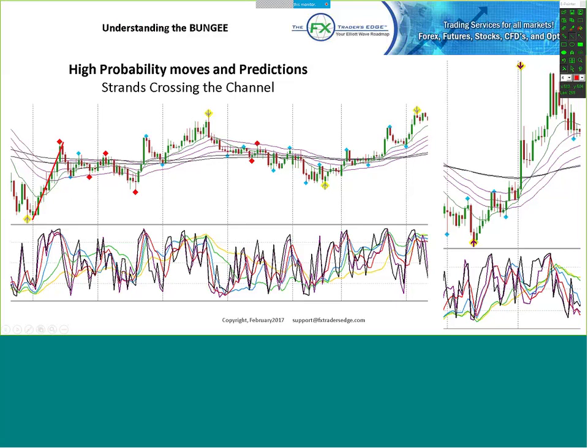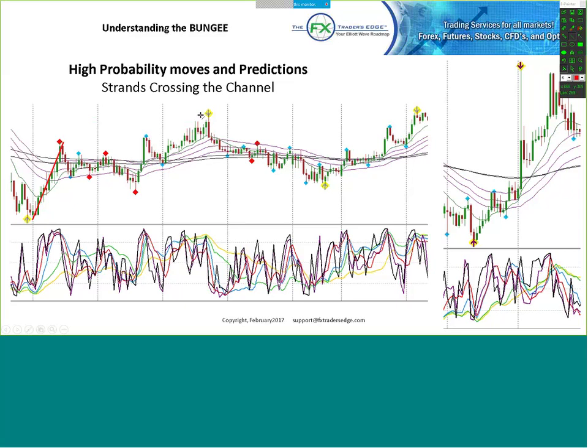I'm not sure whether one appeared here before, but certainly we got one over here. Now, this is if price crosses the wave and the tunnel. You need to be very clear about this, and I'm being very specific. If price crosses the wave and the tunnel, you expect a yellow semaphore.